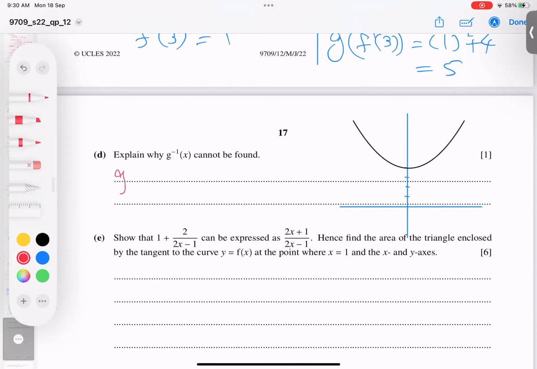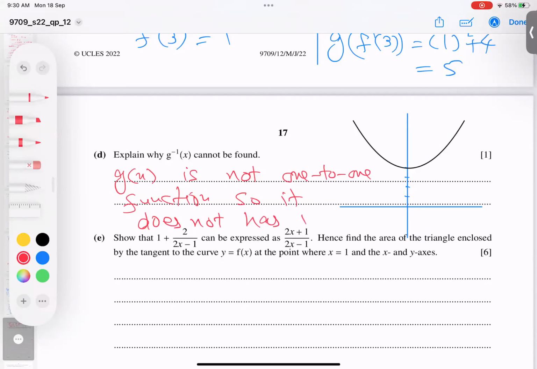So g(x) is not a one-to-one function, so it does not have an inverse.